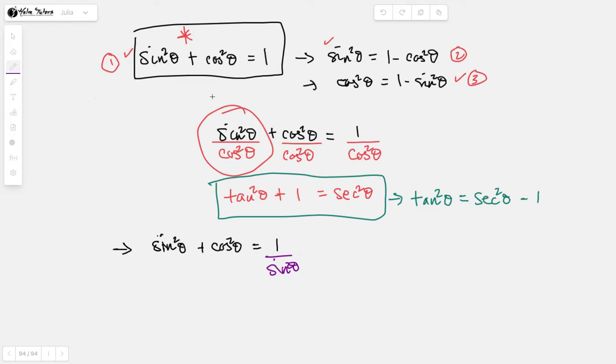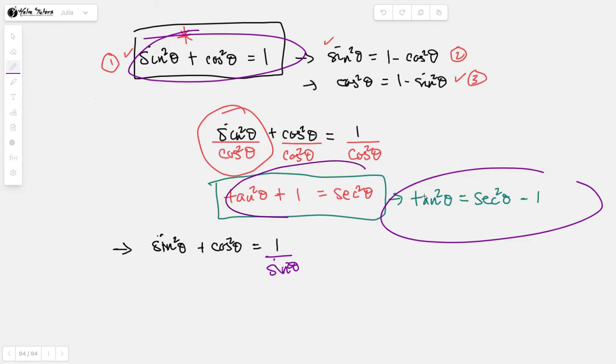Earlier, we divided both sides of this Pythagorean identity by cosine squared, and that got us to that one. So this time, divide both sides by sine squared, and when you do, what do we have? You tell me.